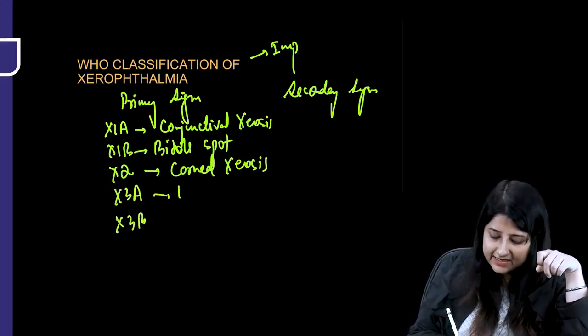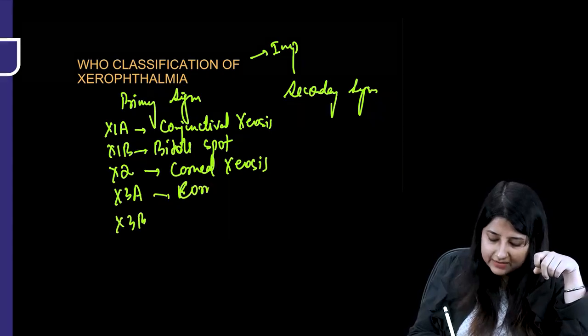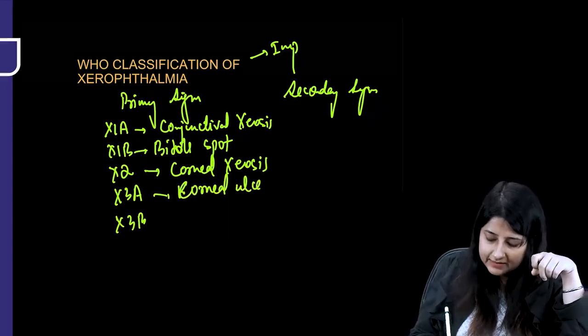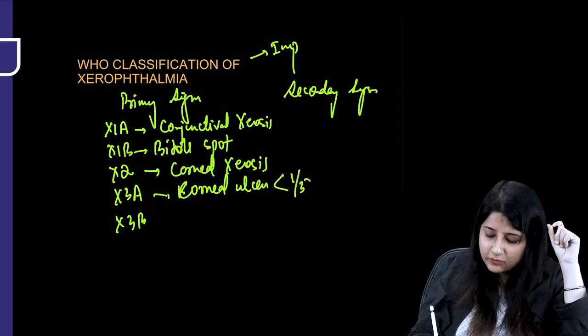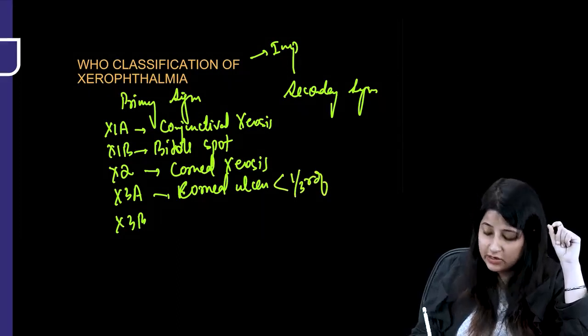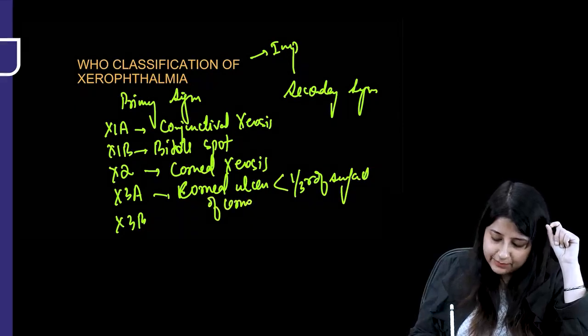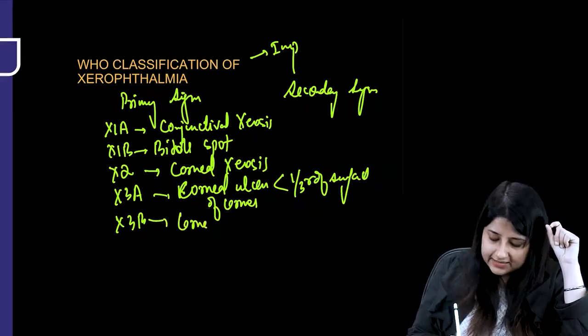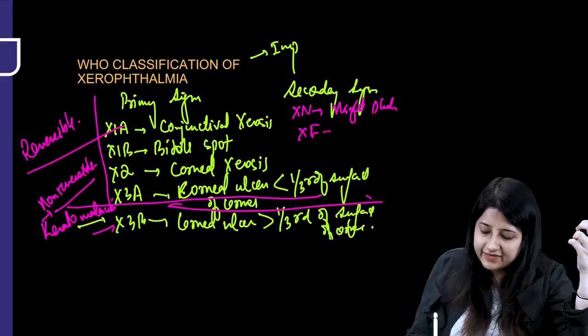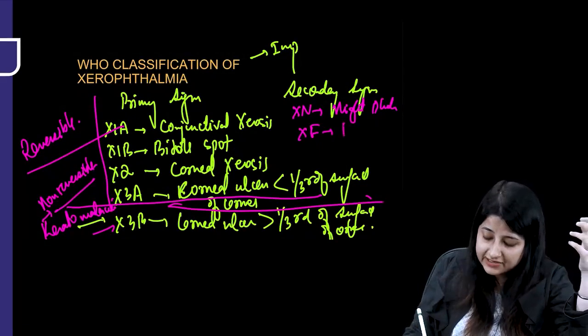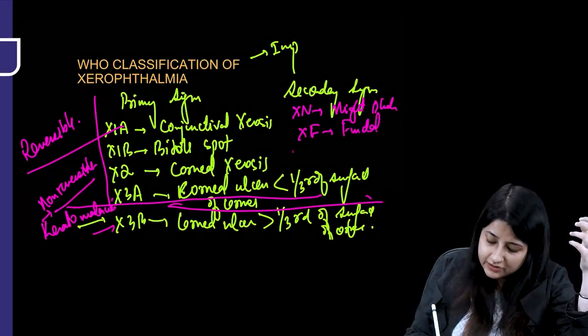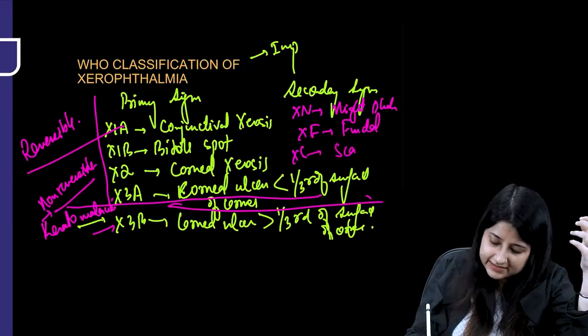What is X3A, guys? Corneal ulcer, but it includes less than 1/3 of the surface of the cornea. And X3B is corneal ulcer involving more. Then you have XF, which is xerophthalmic fundal changes, and XS is scarring.